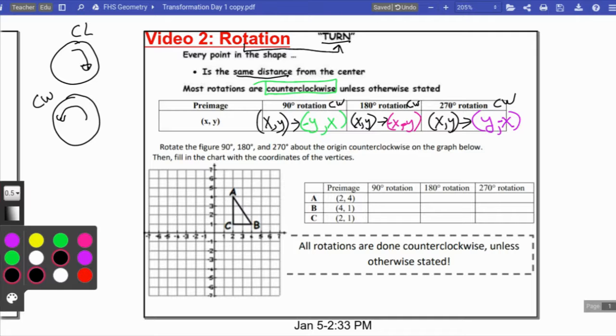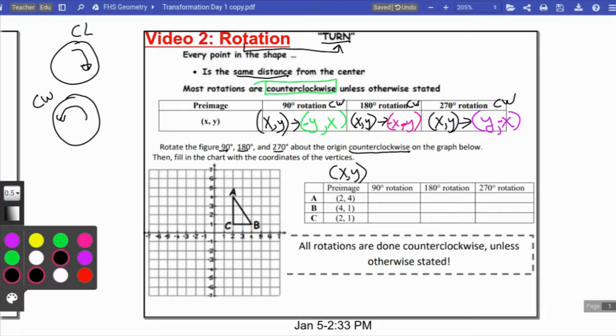They want me to rotate by 90, 180, and 270, so we're going to do three kinds of work on this one. We are ready for it. Bring it on. We got this, counterclockwise. The pre-image means the old stuff. The old stuff is x and y.